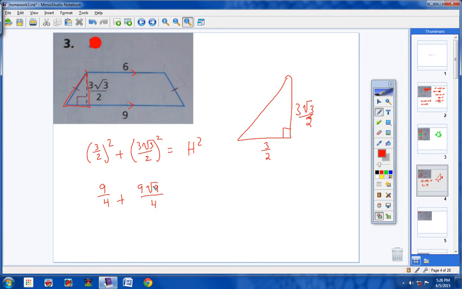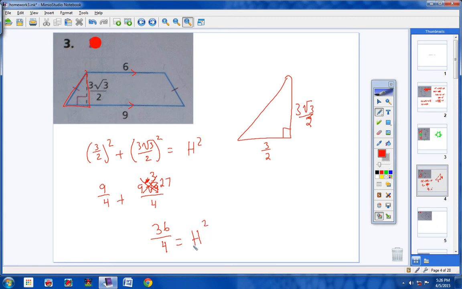Now, the square root of 9 is just 3, so really you have 9 times 3, which is 27. So this whole numerator is 27, okay? So 9 plus 27 is 36 over 4 equals h squared.